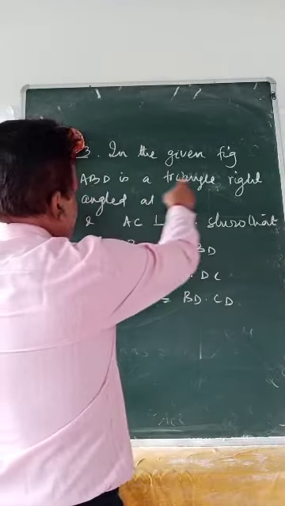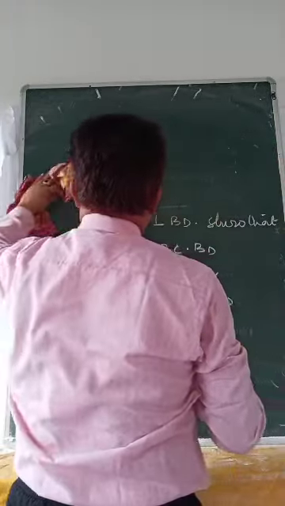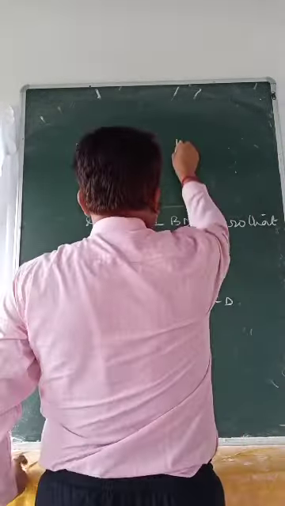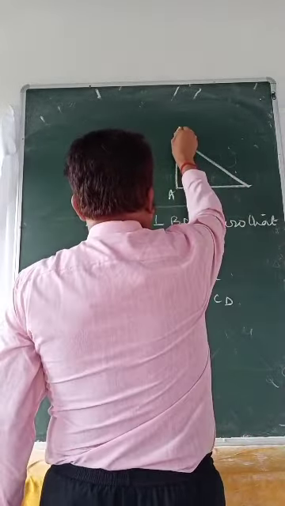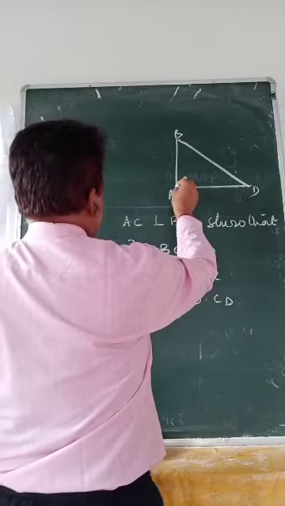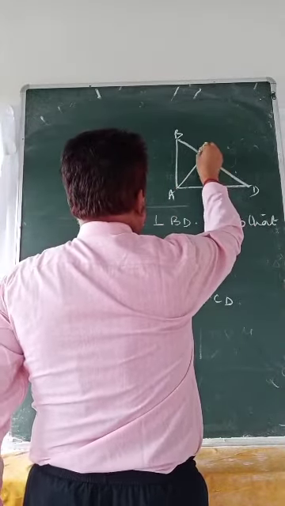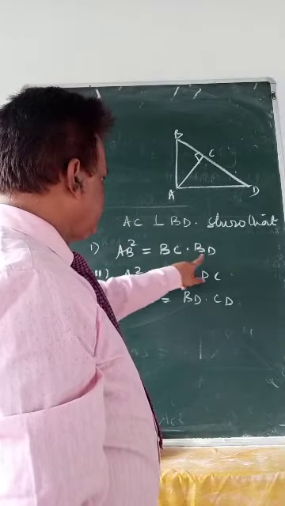ABD, right triangle at A. AC perpendicular to BD. Same condition. AB square is BC into BD.